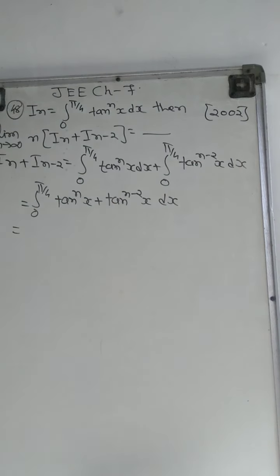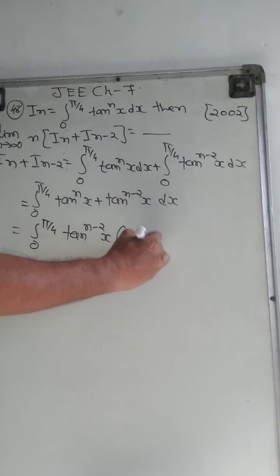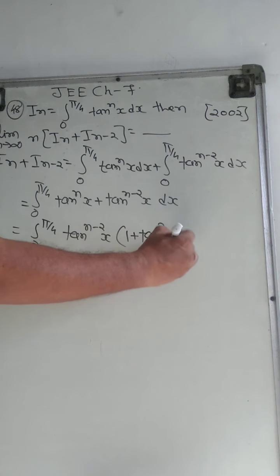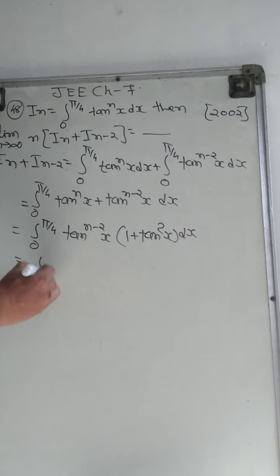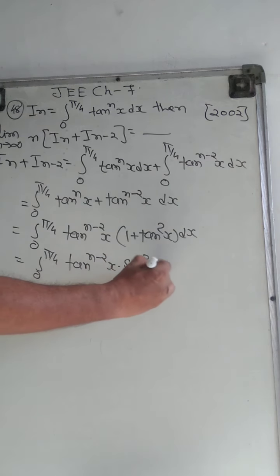Now we take tan^(n-2) x common. Then we have 1 plus tan² x, which is sec² x. So we can say it is the integration of 0 to π/4 of tan^(n-2) x times sec² x dx.